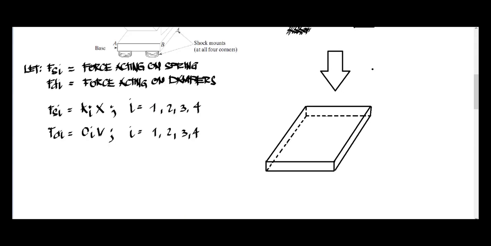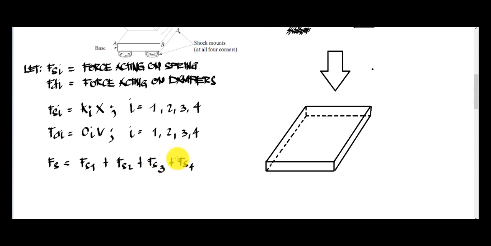So we can rewrite the total force acting on the spring. That will be your Fs equal to Fs1 plus Fs2 plus Fs3 plus Fs4.